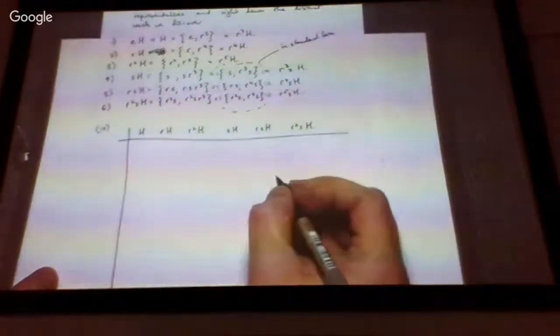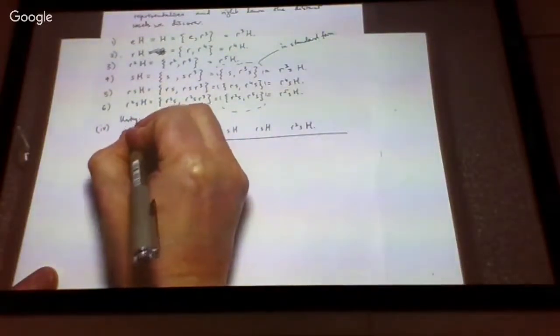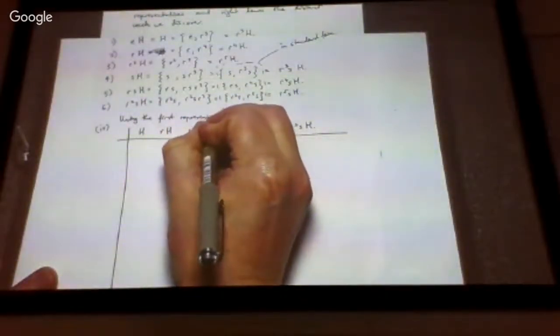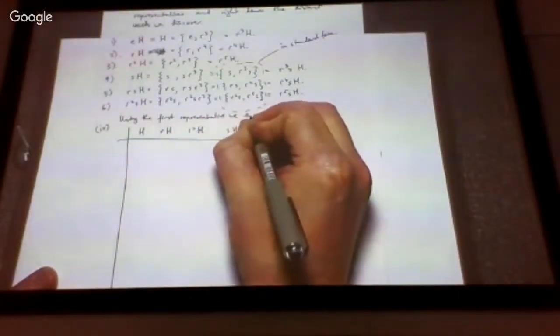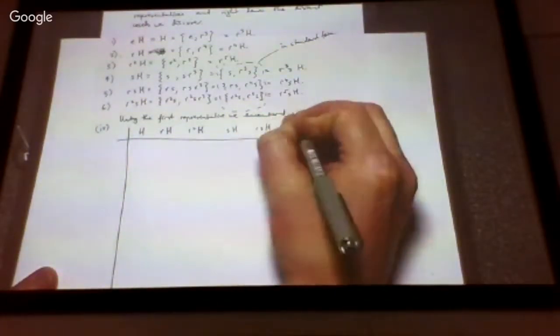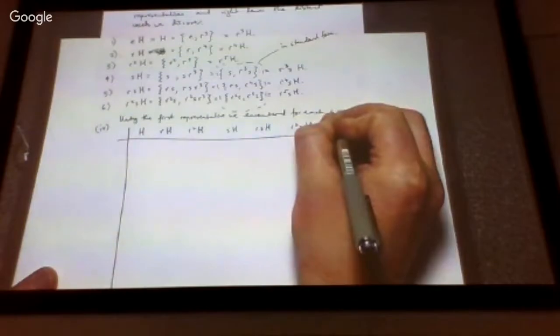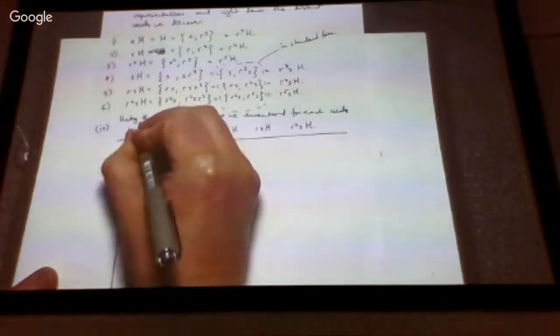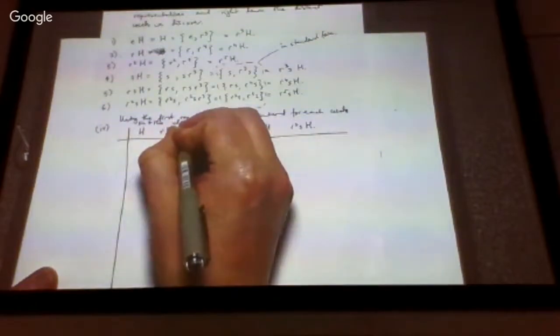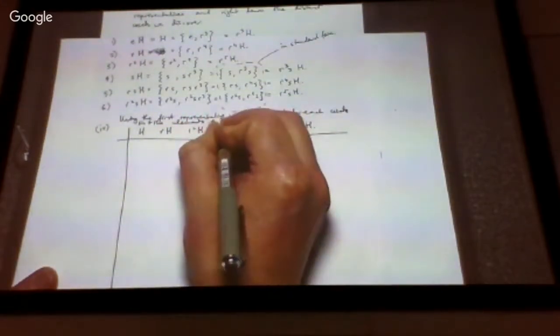So, do we need a note here? So just using the first representative we encountered for each coset. We'll list the elements of D6 as this list here. I could write EH, but should I write EH or just H?